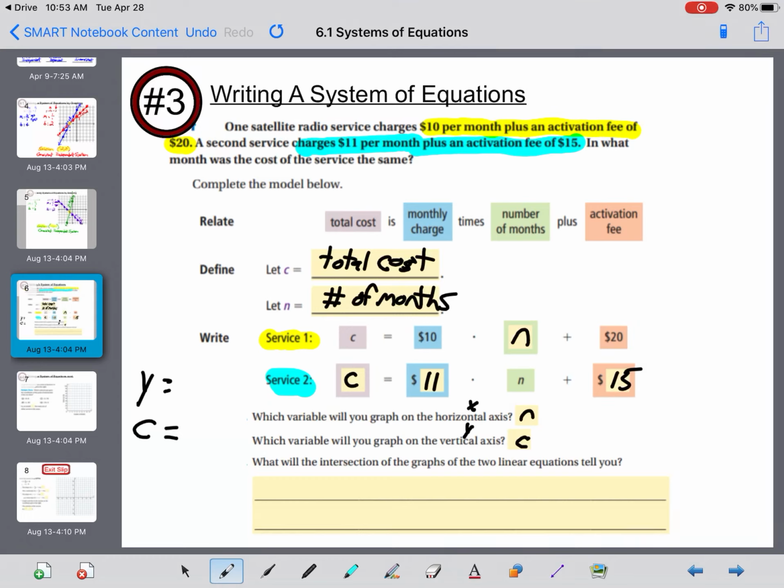So the C is our Y value on the vertical axis, which means N is the variable on the horizontal axis. What will the intersection of the graphs of the two linear equations tell you? So when we plot these, the lines are going to cross, and there's going to be a solution in the middle. That solution is going to be when the cost of the services are the same.